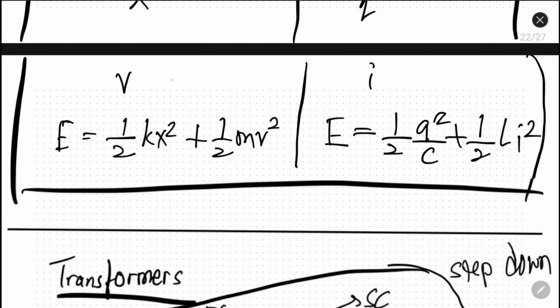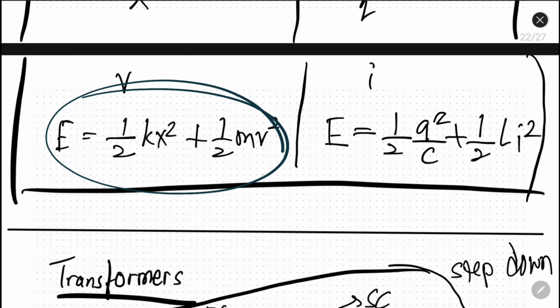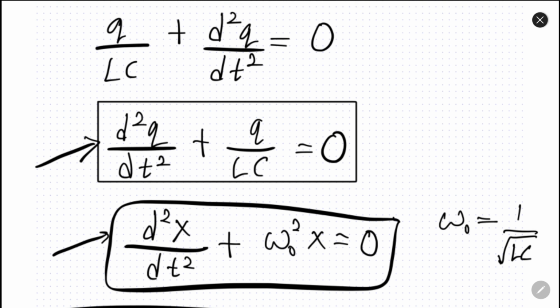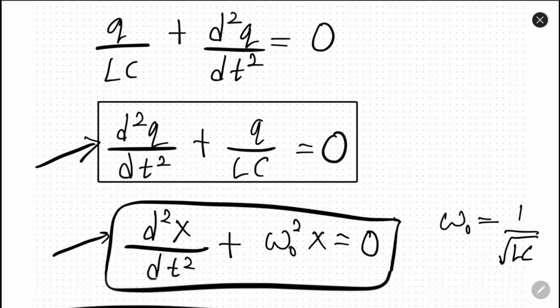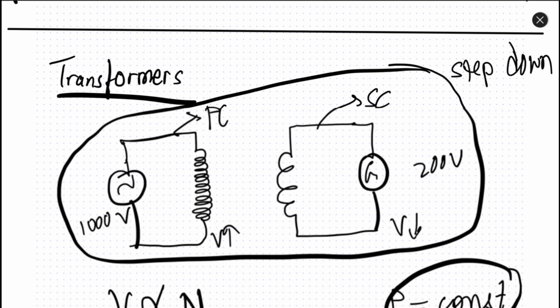Then the velocity is analogous to current, and then potential energy and kinetic energy equivalence. So this LC oscillation is like SHM, simple harmonic oscillation, and these are some analogies between normal parameters and the electric parameters.